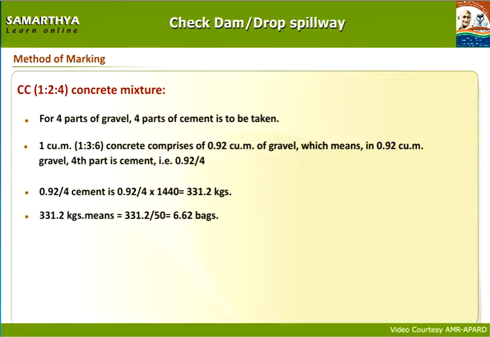That also equals 331.2 divided by 50, which equals 6.62 bags. So 6.62 bags are required for 1:2:4 concrete mixture.